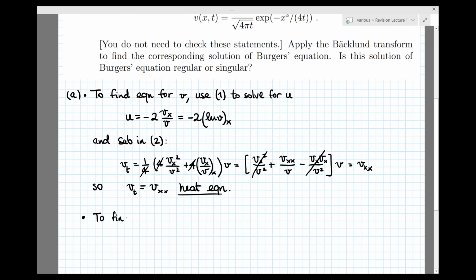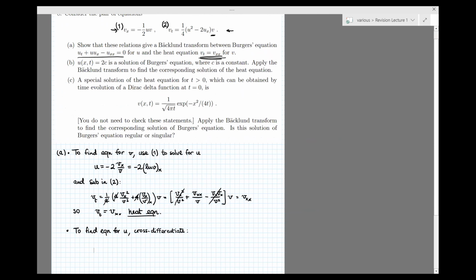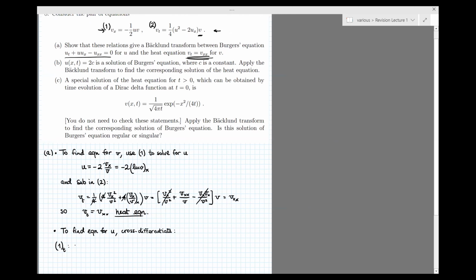So to find the equation for U, we cross differentiate. So let's first compute the derivative with respect to t of equation 1. So that's Vxt is equal to minus half UtV plus UVt.